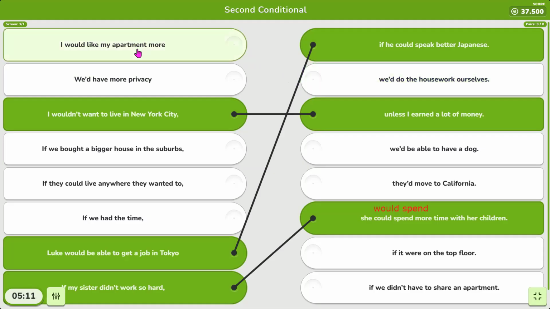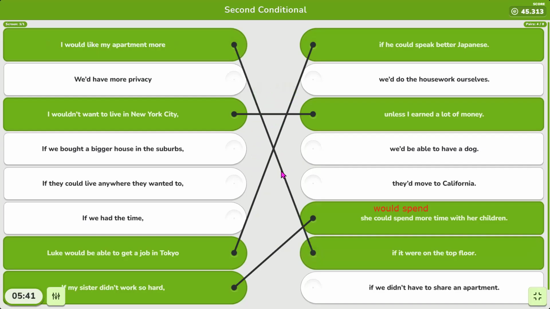Okay, my apartment. I would like my apartment more if it were on the top floor. It's correct. Next, my dear Geraldine.